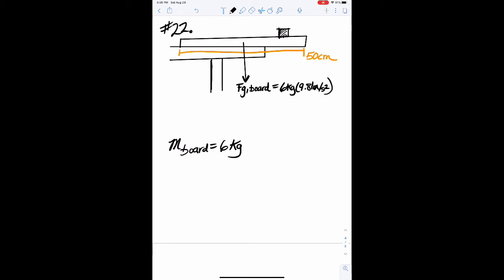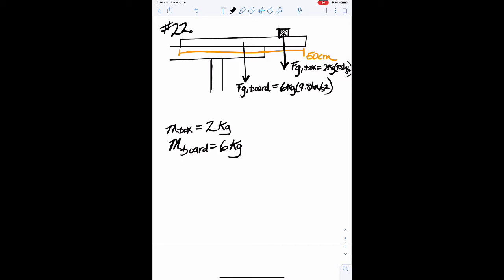And when the mass of the box is equal to 2 kilograms, we know the box has a force of gravity equal to 2 kilograms times 9.81. Okay, hopefully you can see that.